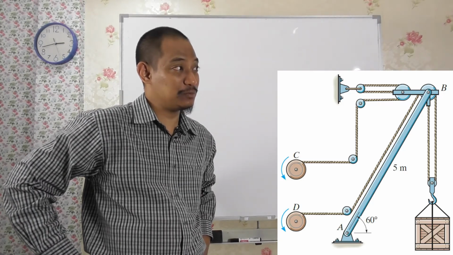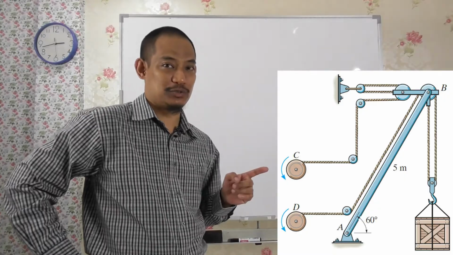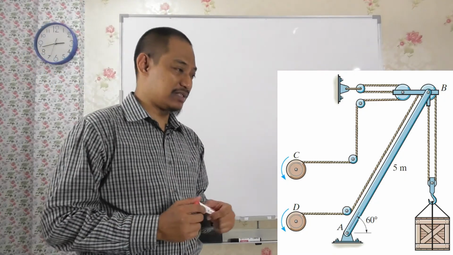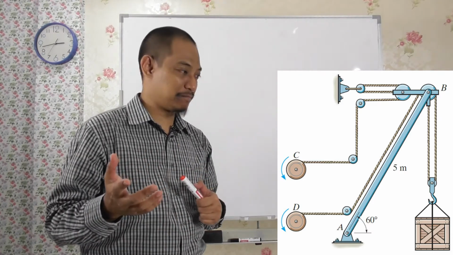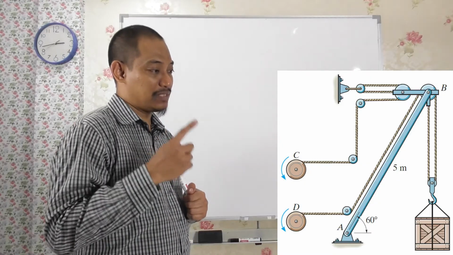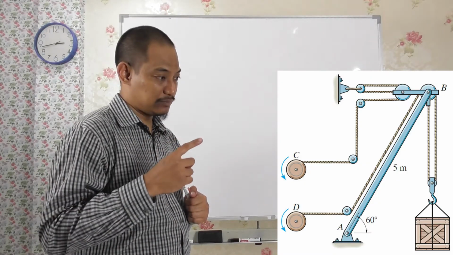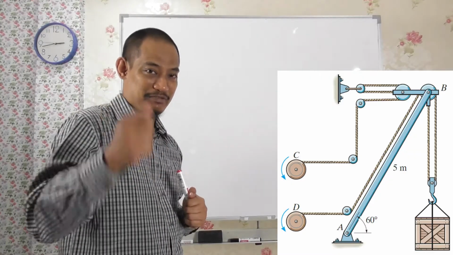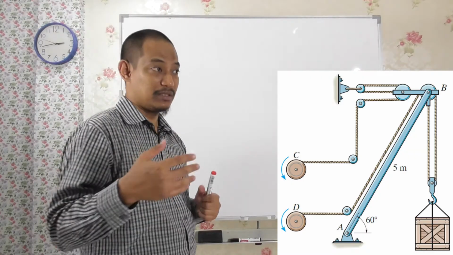That hint should give you what you should do, right? When you say it is under compression, what does it mean? First and foremost, even if there's no hint, you should be able to tell that AB is a two-force member, right? The hint even emphasizes that when you have tension or compression, that is a two-force member.